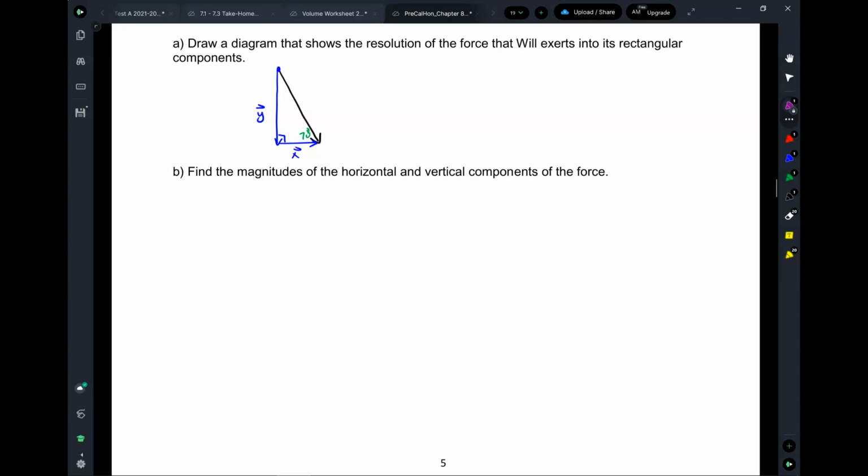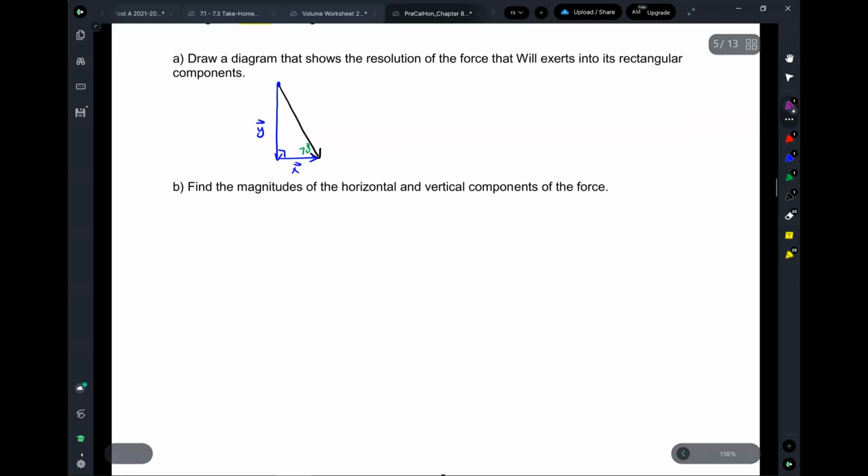All right, so let's do this. We're gonna need our calculators for this. I know. Remember those calculators? Okay, so we're going to find the magnitudes of the horizontal and the vertical components of the force. Okay, so where's the horizontal component?